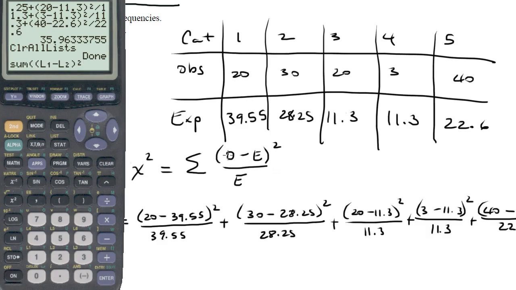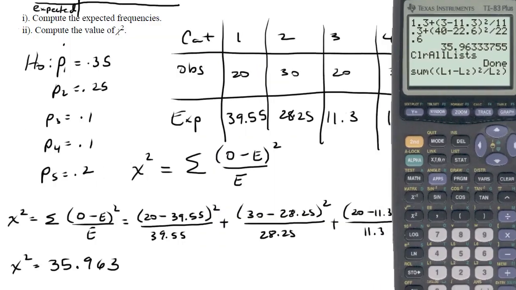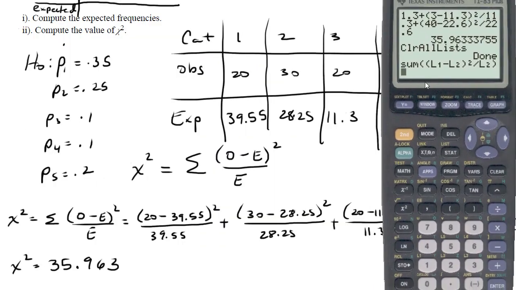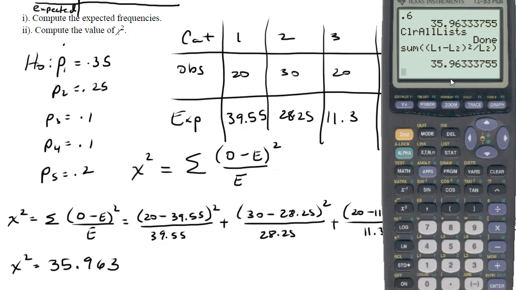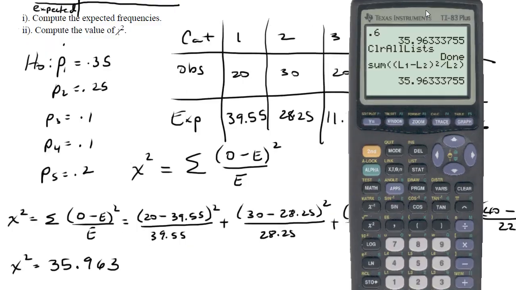Observed minus expected, that's list 1 minus list 2 squared, divided by list 2. Close that parentheses. When I hit that button, that'll give me chi-squared. Here it is, 35.963. It's another way to get there. Same thing.